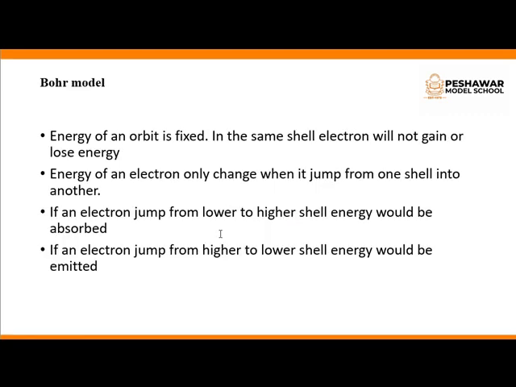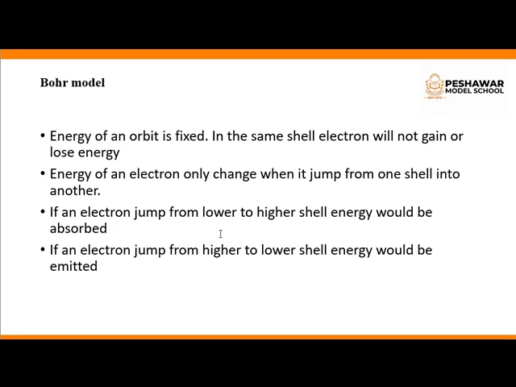Now, the third assumption says that as long as electrons are revolving around the nucleus in a fixed circular orbit, they do not gain or lose energy. It means that the energy of an orbit is fixed. So, as long as they are revolving in the same orbit, they neither lose energy nor gain energy.